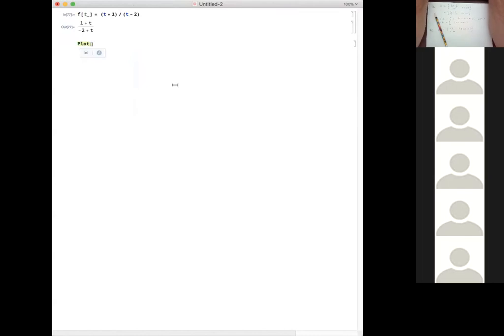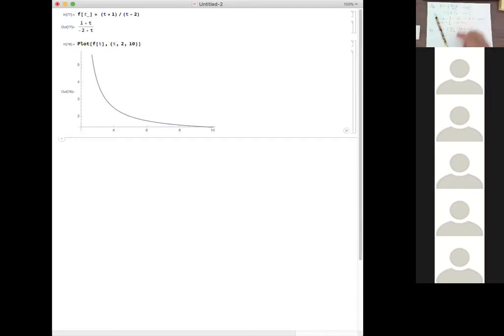Okay, so the way that I can study that is by plotting it. It's always a good idea. So plot f of t, between 2 and say 10. And you can see how it looks. It sure looks like this function blows up when you get closer to 2, and then it decays. Where does it go when you get up to be big?